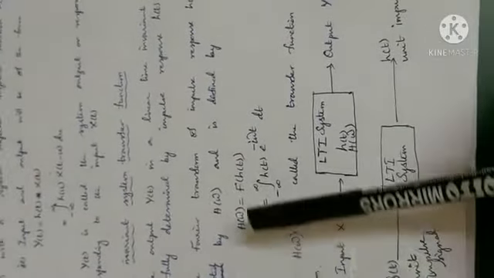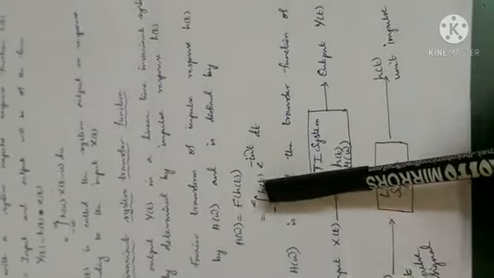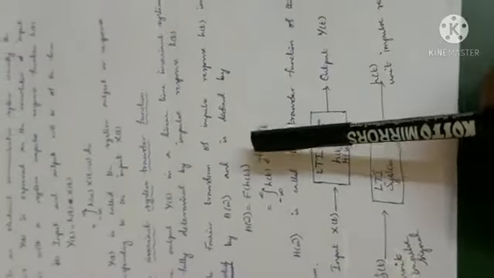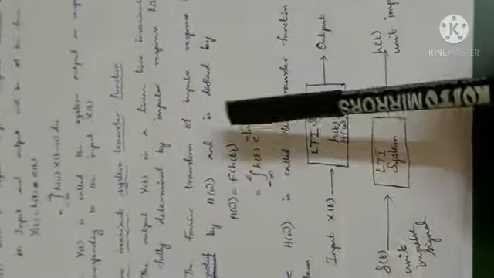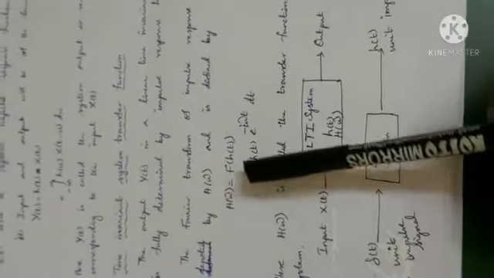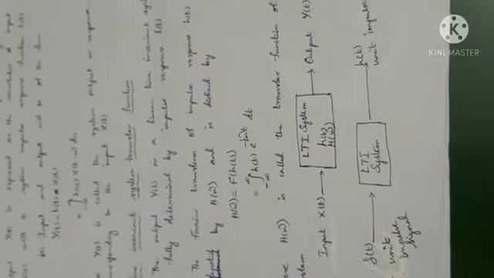We know the Fourier transform definition: integral from minus infinity to plus infinity, h of t, e power minus i omega t dt, which we studied in the last unit, along with the inverse Fourier transform. I made a mistake while writing the inverse Fourier transform definition. I wrote 1 by root 2 pi.